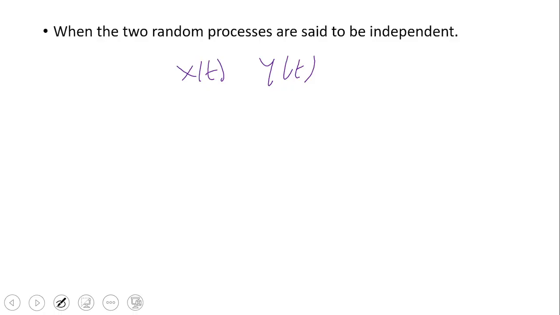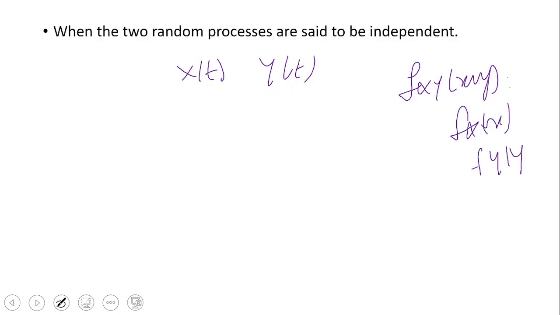Previously, if you remember, independent means the joint density function is equal to the product of the individual density functions. We wrote like that: fXY of x comma y is equal to fX of x into fY of y.